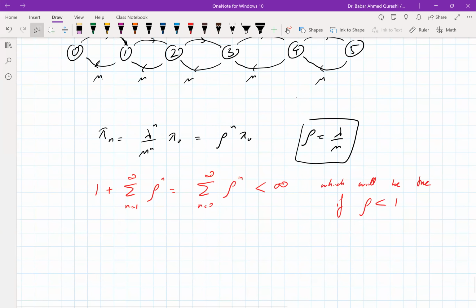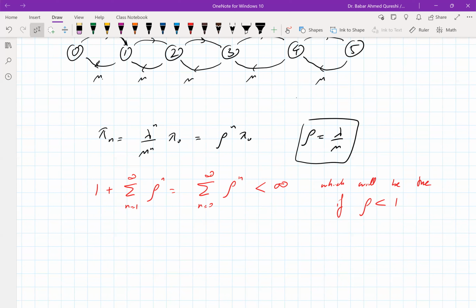So that means the rate at which the server finishes with 1 customer has to be higher than the rate at which the customers are entering into the queue. It makes sense. If they keep entering at a higher rate, then you're not settling into a stationary distribution.